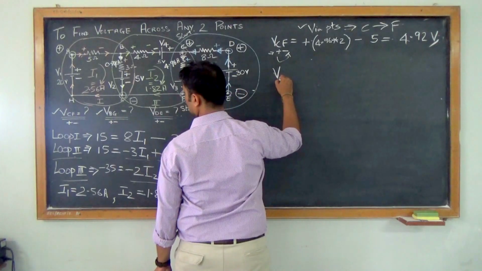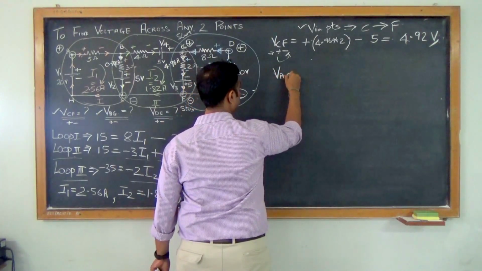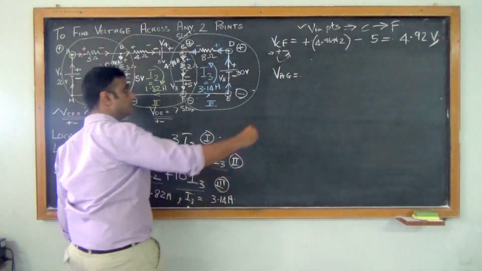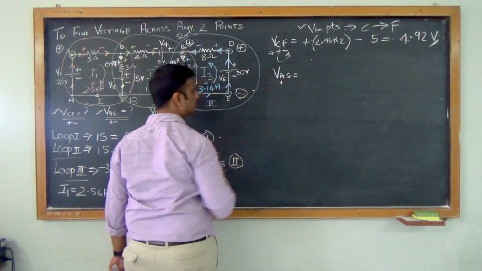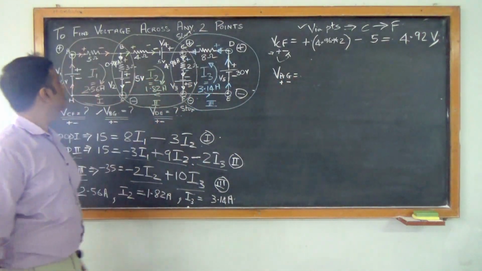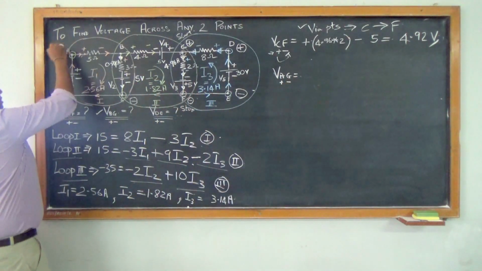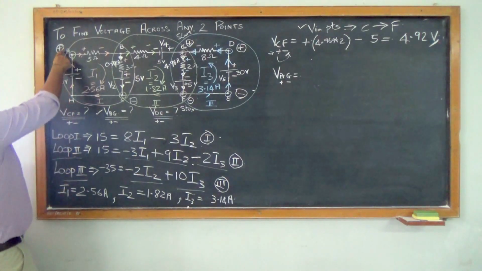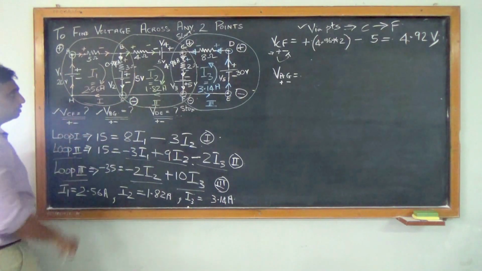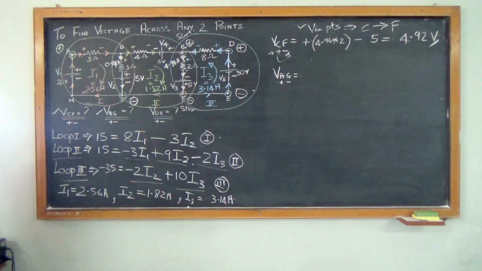Now the voltage across VAG. Now, as I told you, the first terminal is connected to the positive of the multimeter, that's why it's positive, and the second terminal is negative. So the first terminal is connected to the positive of the multimeter, that is A, and the second terminal is connected to the negative terminal of the multimeter.